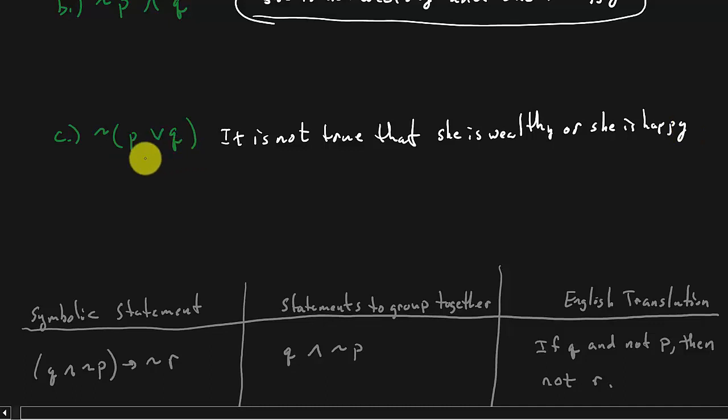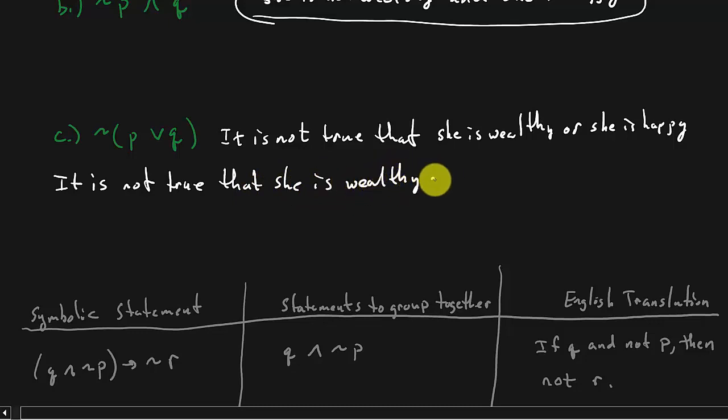Now, what else could I do to rewrite that? Well, I could write, it is not true that she is wealthy or happy. I don't need to put she is wealthy or she is happy. I can leave out this she is.